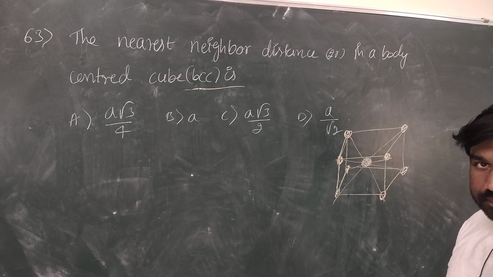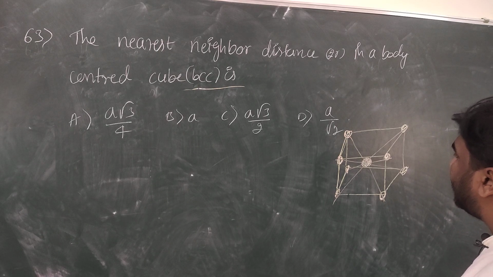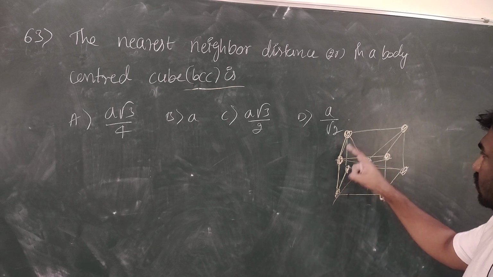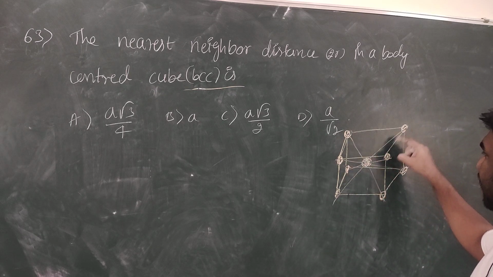So the nearest neighbor number for this BCC is 8. Eight corner atoms are at the same distance.